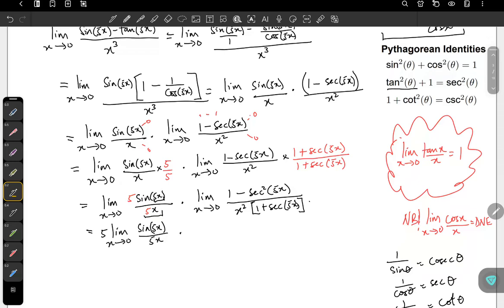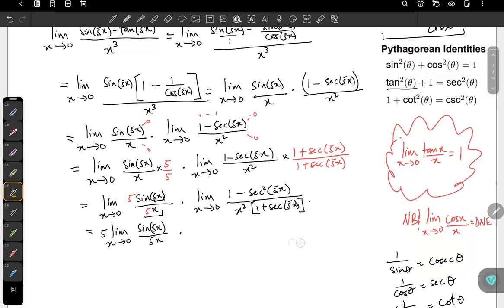So it means that 1 minus sec squared theta will be the negative of tan squared theta. If I have tan squared x plus 1 equals sec squared x, when I switch the positions of these two, we have that 1 minus sec squared x is equal to negative of tan squared x.